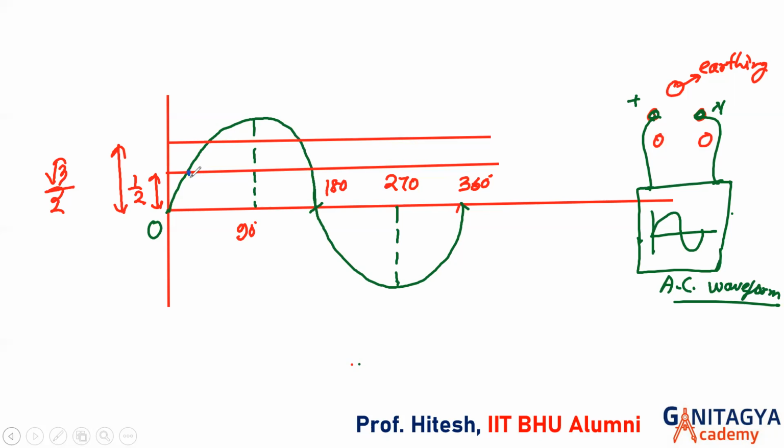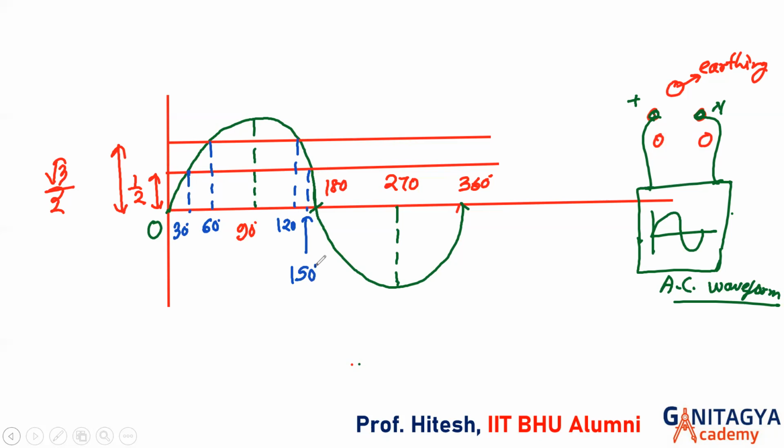So this is 30 डिग्री, 60 डिग्री, ये 90 हुआ, यहां पर होगा 120 और यहां पर होगा 150.